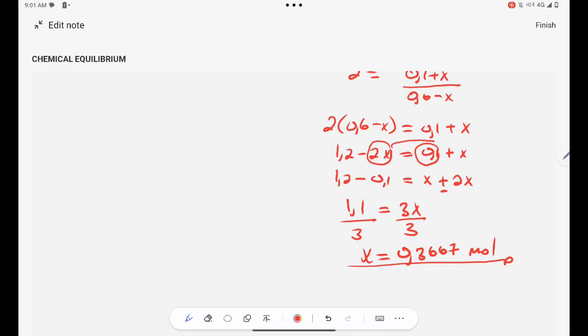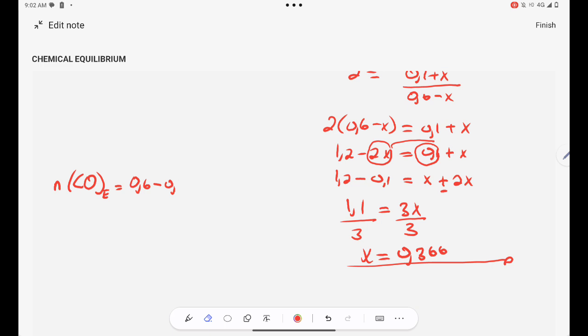So I know that the number of moles of my carbon monoxide at equilibrium will simply be 0.6 minus x. In fact, let me just write this final answer as it is. I'll round off at the end. Please guys, get used to that as well.